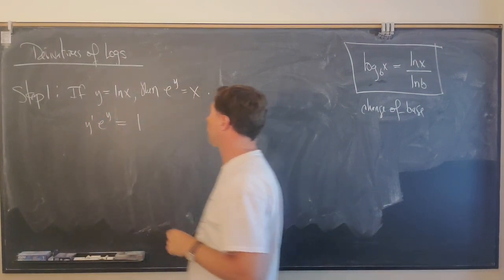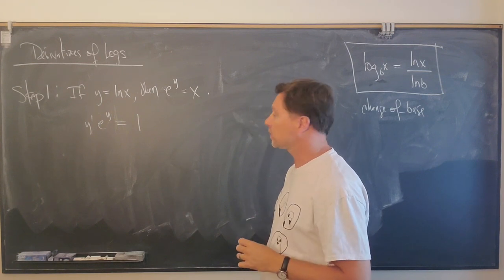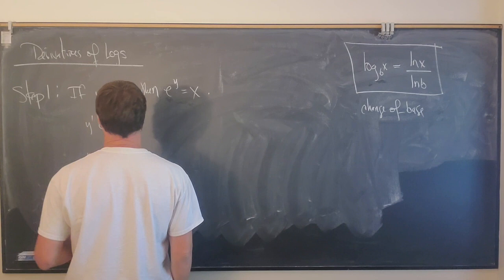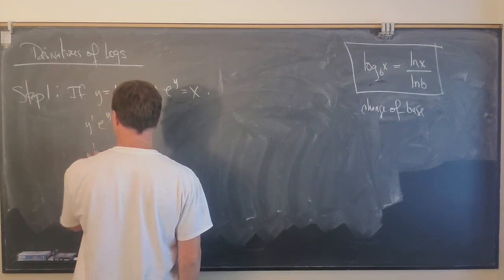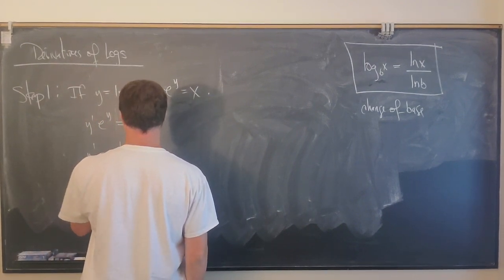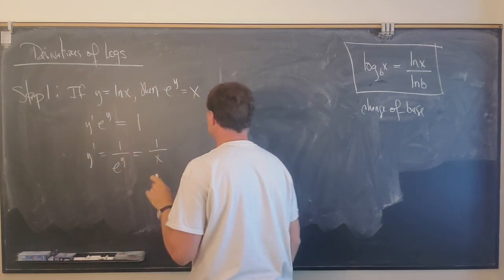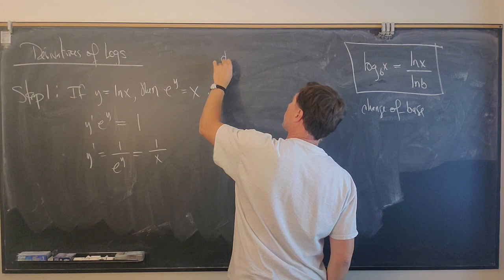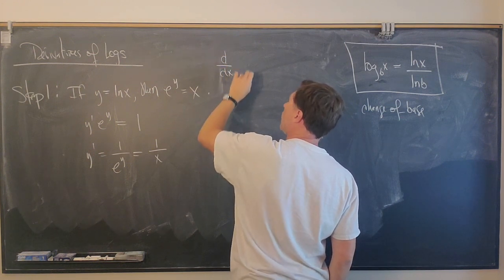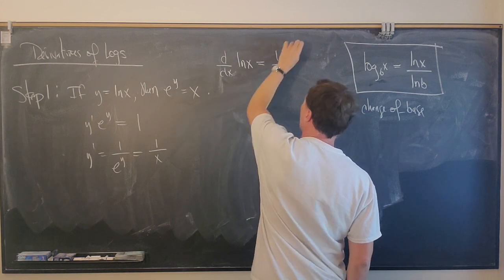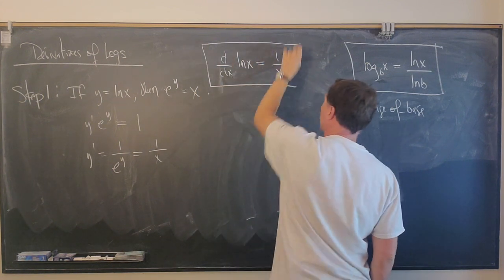The derivative on the right-hand side is just 1, the derivative of x. Then if I solve, I get y prime equals 1 over e to the y, which we know is equal to x. So what we just showed is that the derivative of the natural log of x is equal to 1 over x.